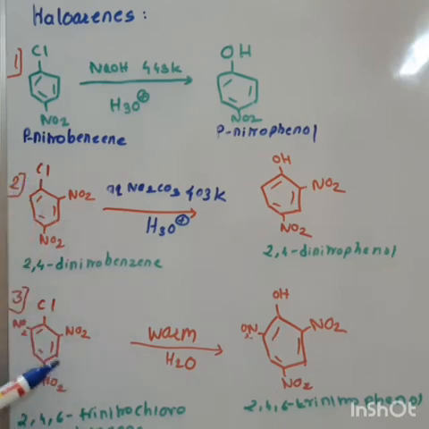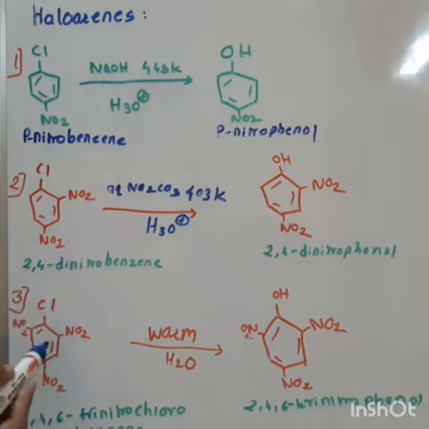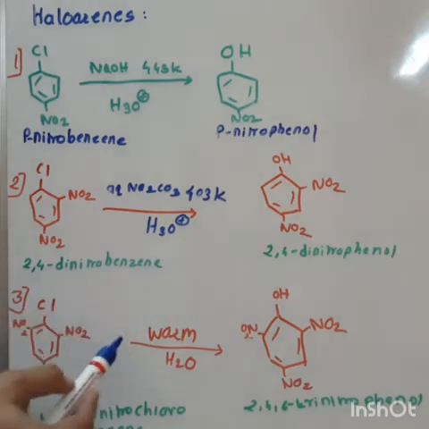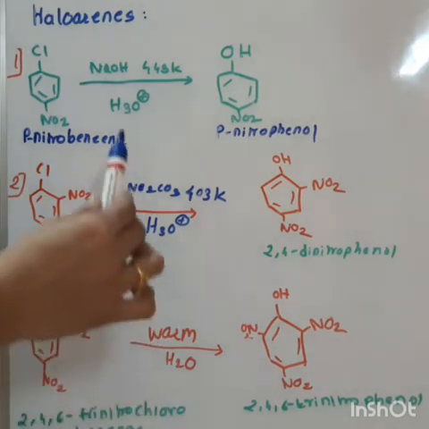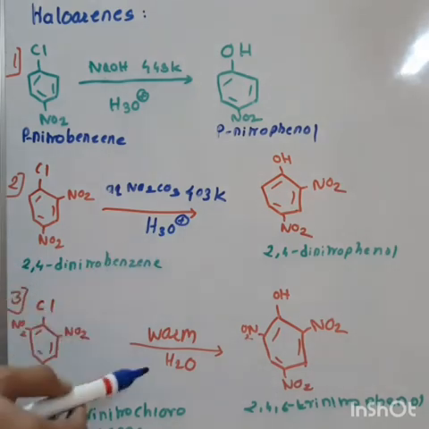But after introducing 3 nitro groups, the resonance will be faster and the leaving of chlorine from this ring also becomes faster. That means it will increase the reactivity of the ring, and it will break the bond between chlorine and carbon very fast, and there is no need of a strong base like NaOH or high temperature and pressure.